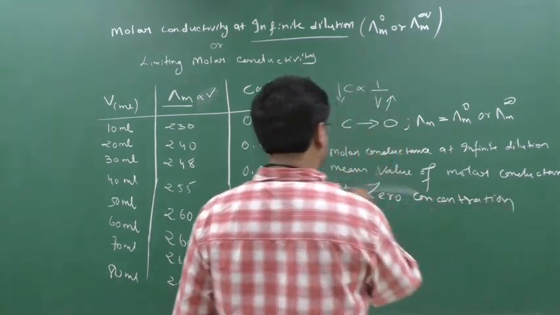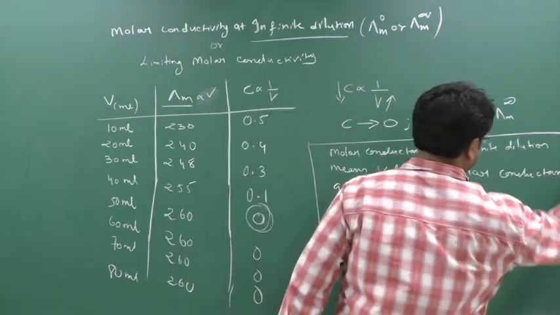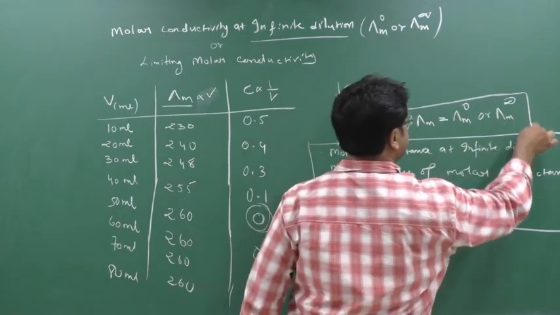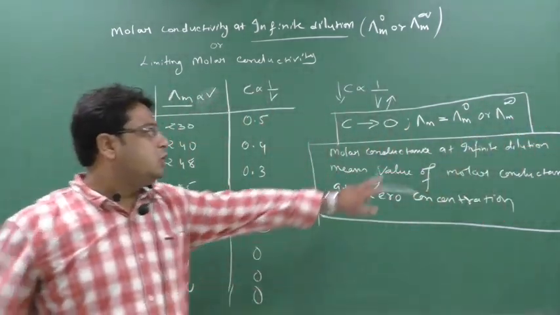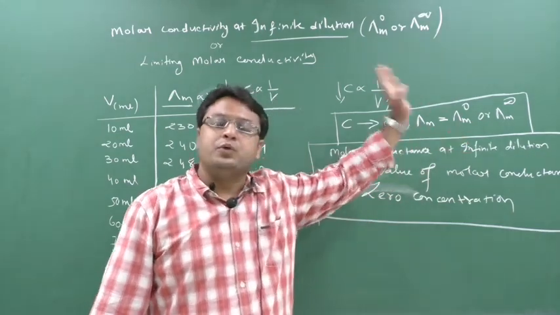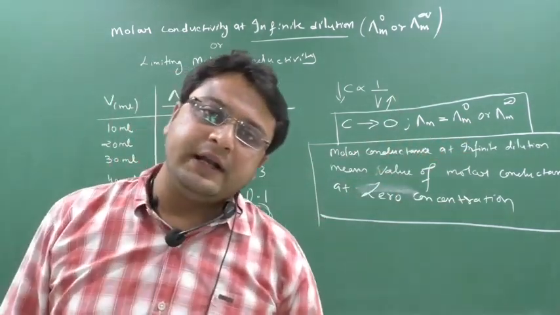Clear? So this can be your basic definition. That is, when the concentration C approaches 0, tends to 0, the value of lambda m, that is molar conductance, is known as molar conductance at infinite dilution.